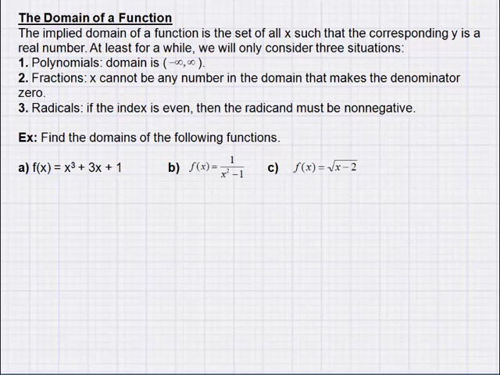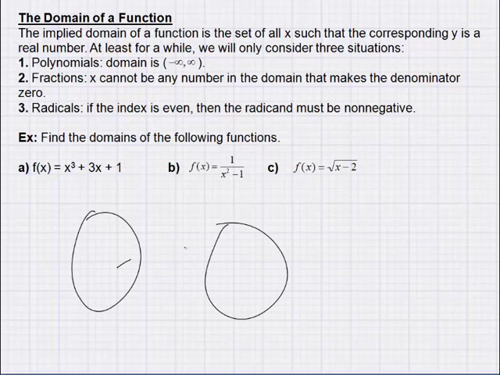The domain is all the values that you can plug into a function. When I showed you this picture before, this is my starting set, this is my ending set, and we do something like this. This was the domain, and this was my range.